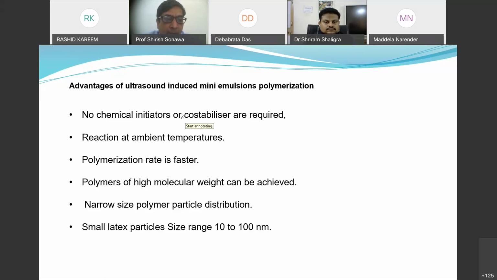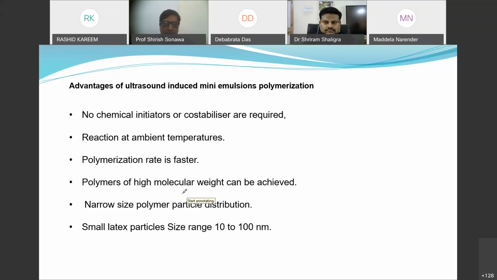These are some of the advantages of using ultrasound. The first important advantage is that there is no need to add an initiator. In a conventional process, an initiator such as ammonium persulfate (APS) is added, and that gives impurities in the polymer at a later stage. With ultrasound, there is no need to add the initiator.